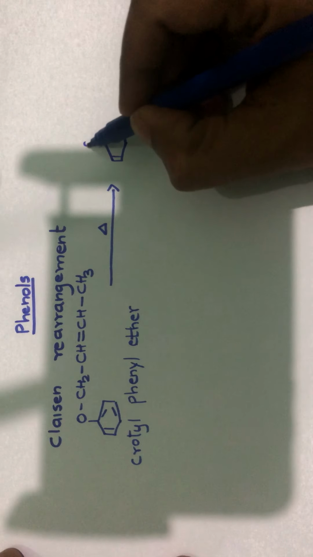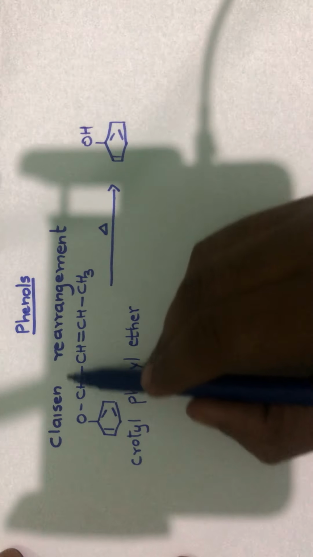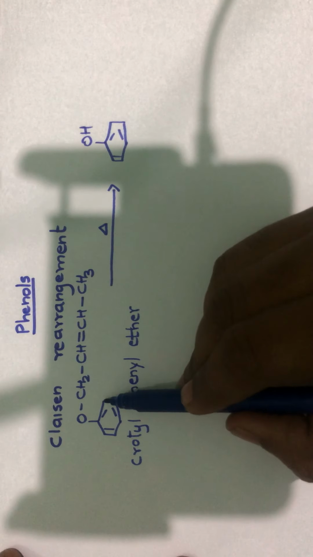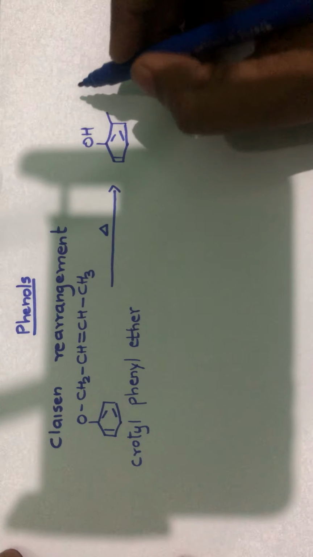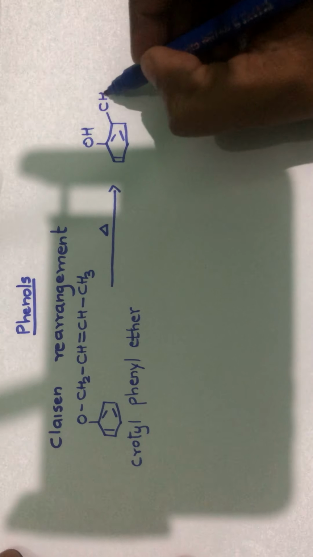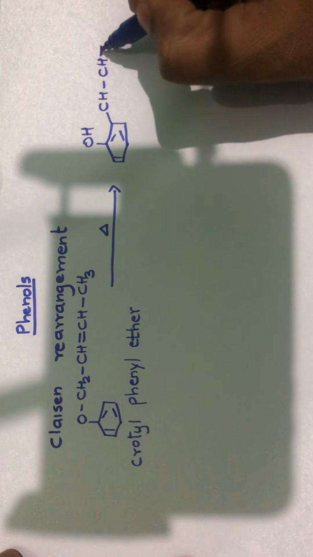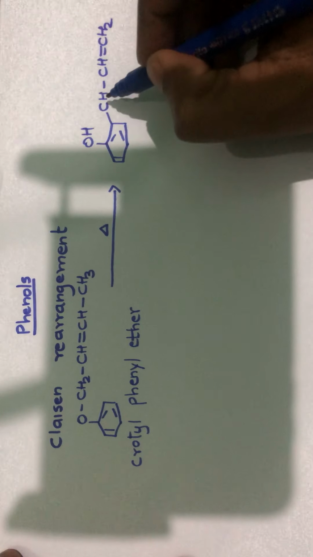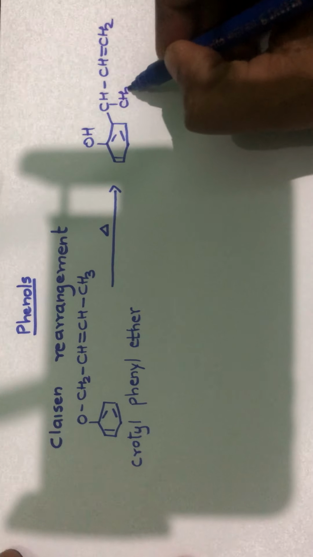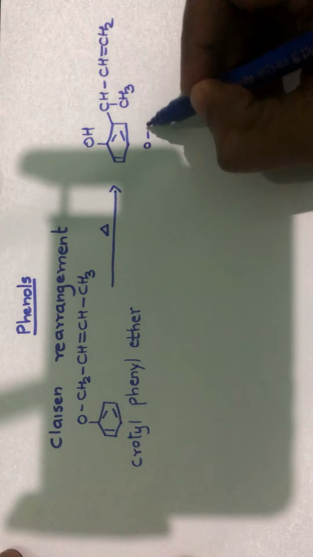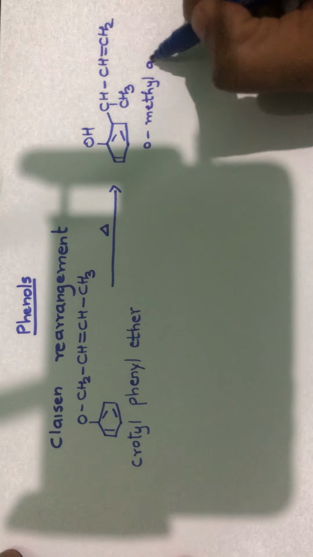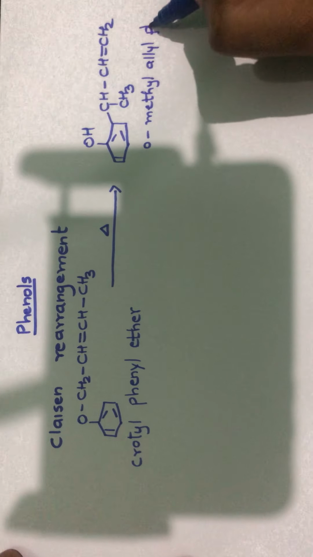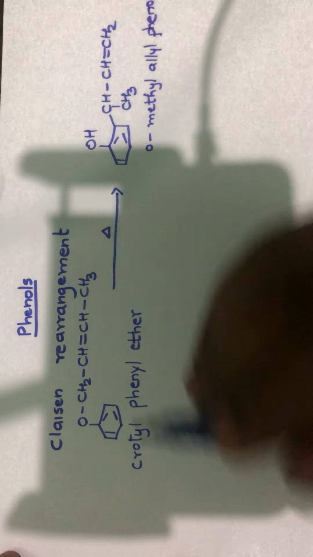This will be phenol OH. This whole group migrates to the ortho position. On migration you get this compound, CH double bond CH2, CH3. You get ortho-methyl allyl phenol. That's what you get.